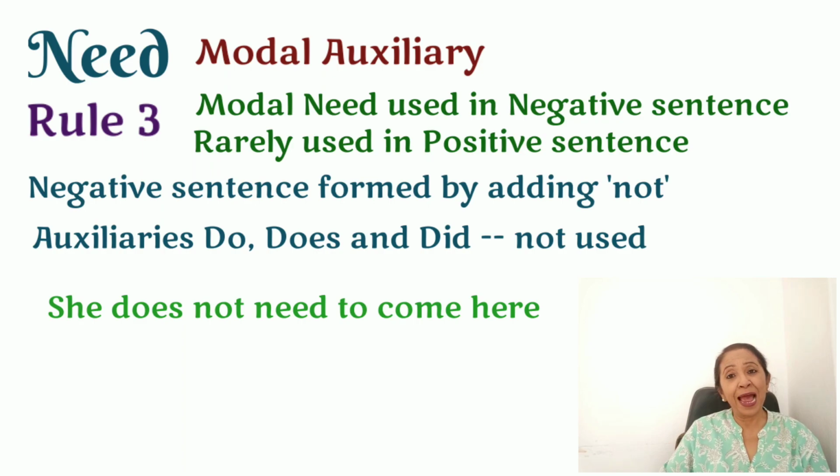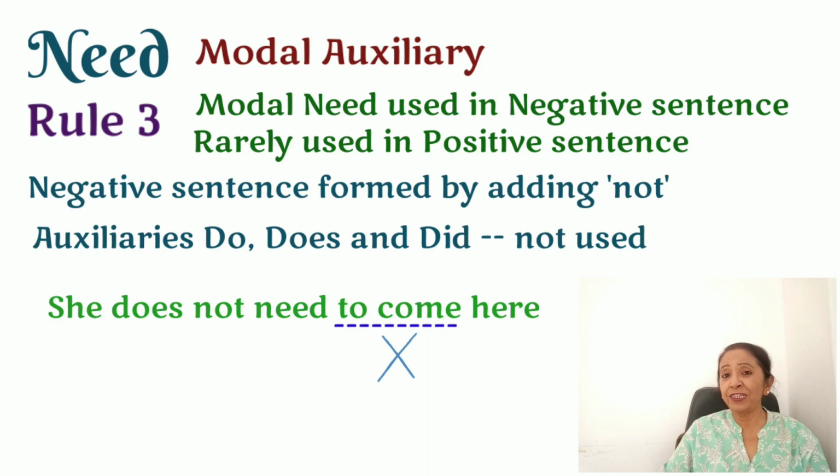Then we'll have to add a to infinitive. And you know that to infinitive is never used with need as a modal. When it functions as a regular verb, only then we use to infinitives.